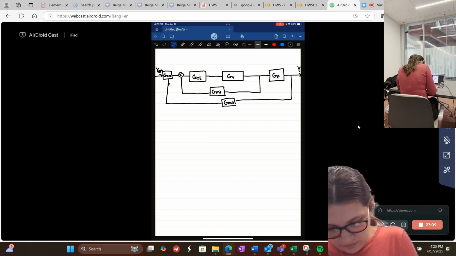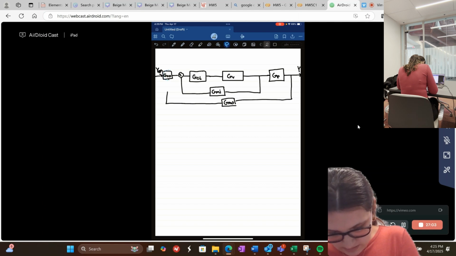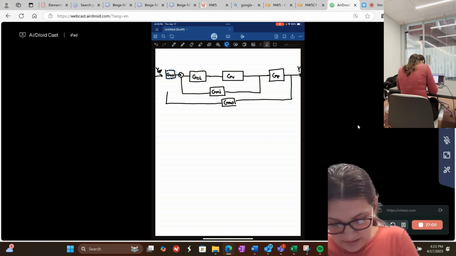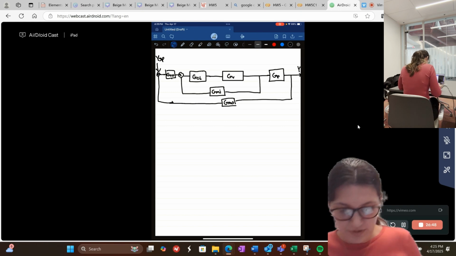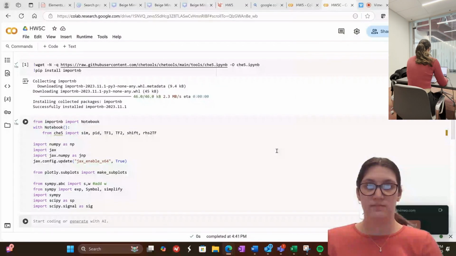Oops, I forgot our compare. I did not size this out well at all. But we would also have our little compare here going in. And imagine we have our set point going in up there.